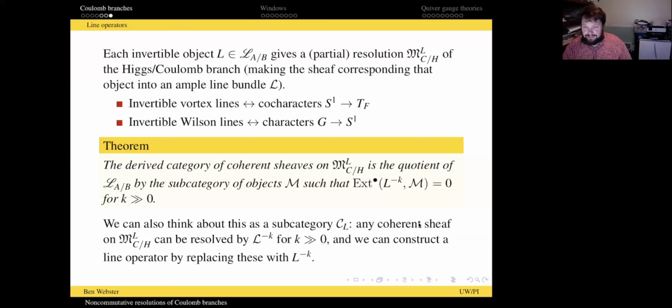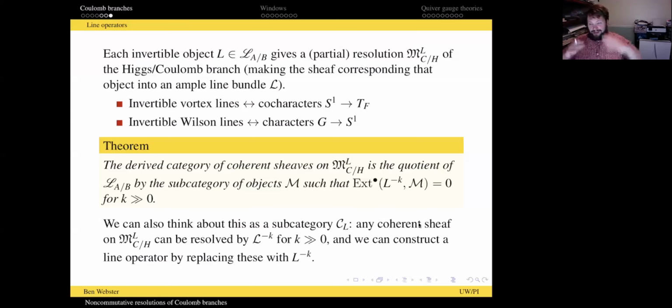Exactly what this B twist line operator category is is pretty subtle. Braverman and Finkelberg wrote notes for a summer school in 2018 where they talk about this, that you have to use this notion of singular support for coherent sheaves. It's a pretty complicated category.